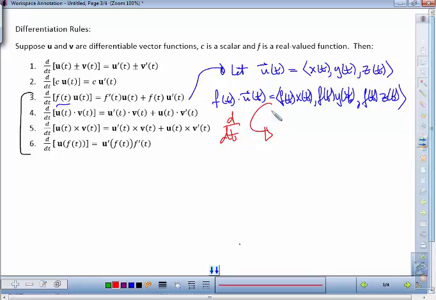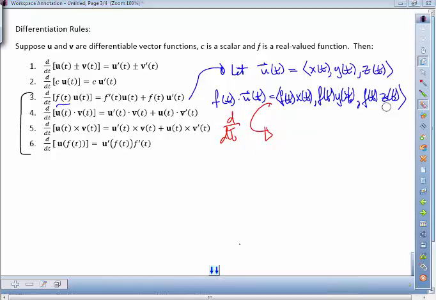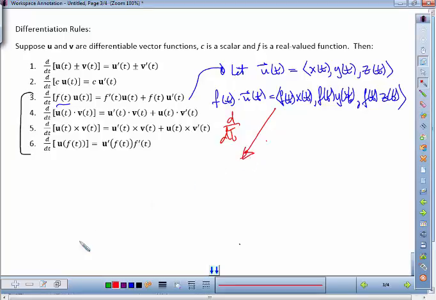I guess I should put my arrow going down because I'm going to need more space. So let's take the derivative of each of them. Now each of them component-wise looks like it's a product, so I have to do the product rule for each of them. So this is going to be the derivative of the first times the second plus the first times the derivative of the second.